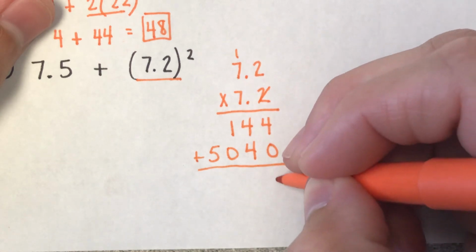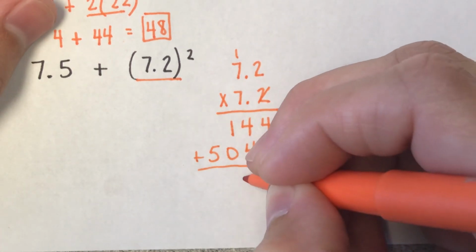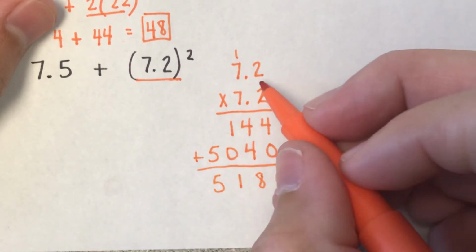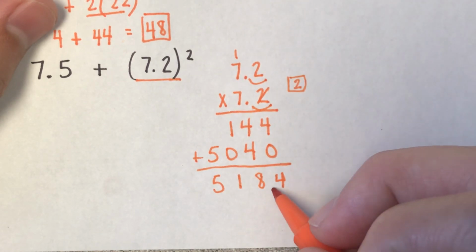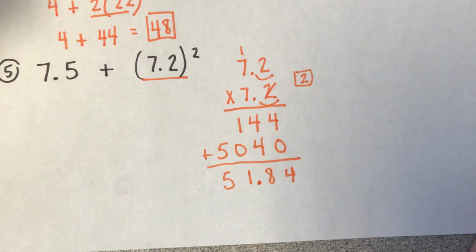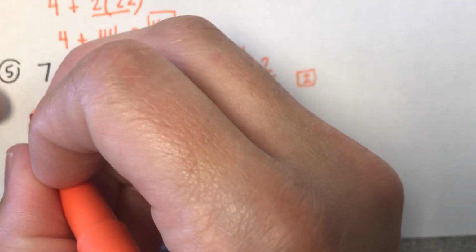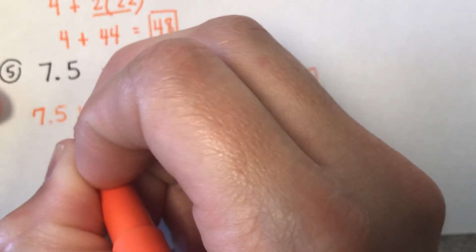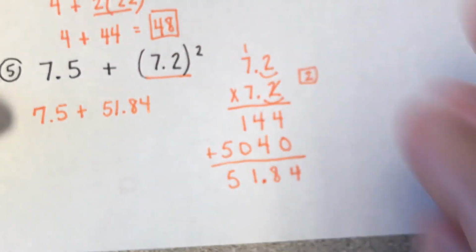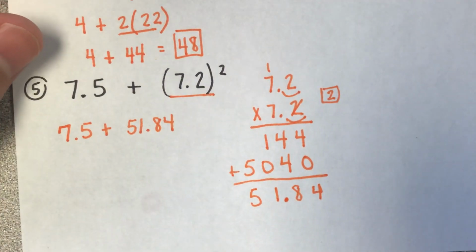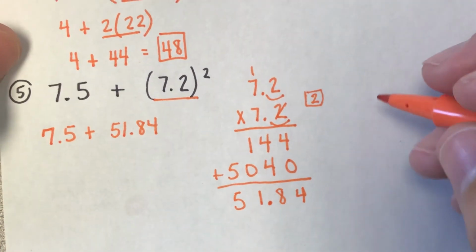So we've got 4, 8, 1, 5. Remember, this is a spot, this is a spot, so I have to move my decimals 2 times. So 1, 2. So 51 and 84 hundredths. Okay, so now I just need to add these up. Now remember, when you add decimals, you do have to line up your decimals.